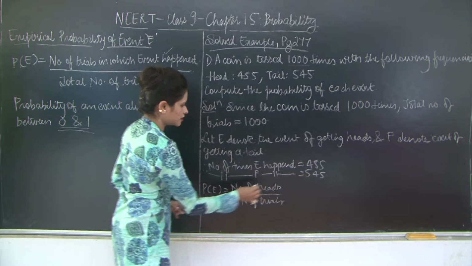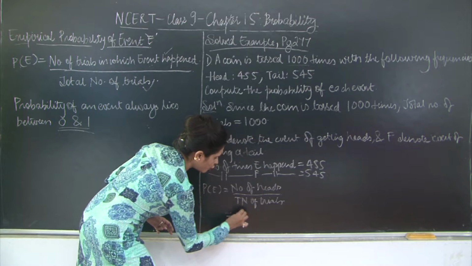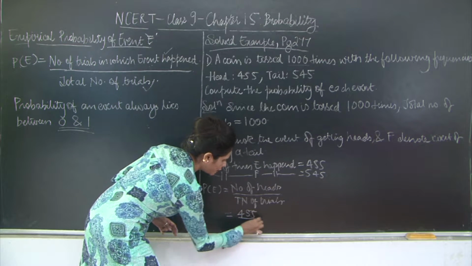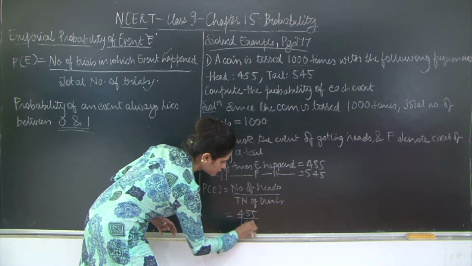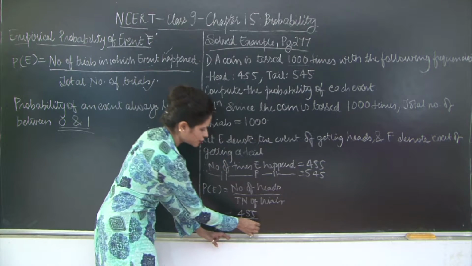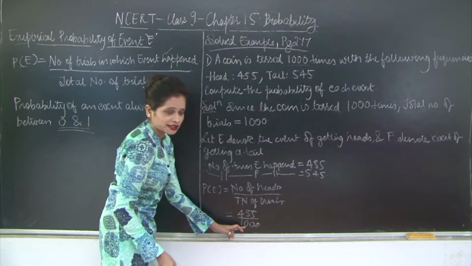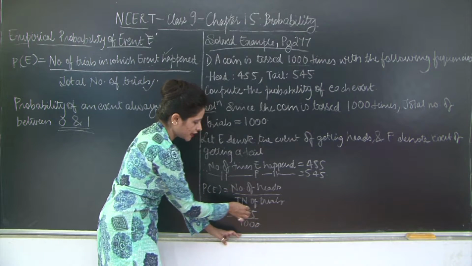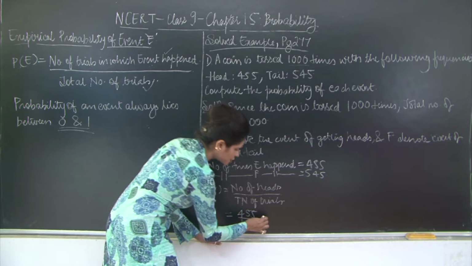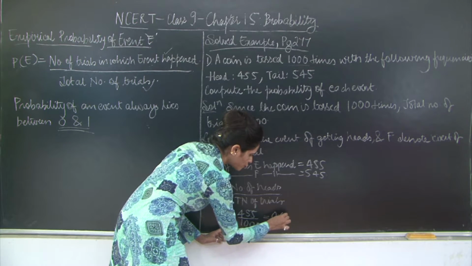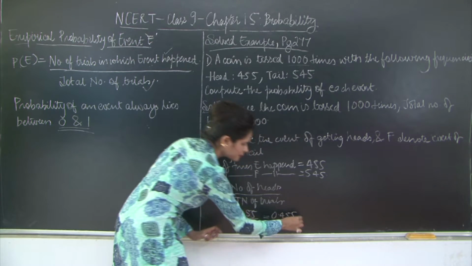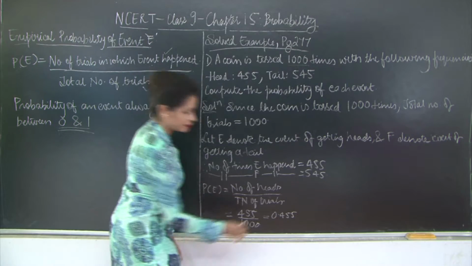This is going to be 455 upon 1000. This is a very simple calculation. You need to get rid of 3 zeros in the denominator, so you shift towards the left in the numerator by 3 decimal places. So this is going to be 0.455. This is P(E).